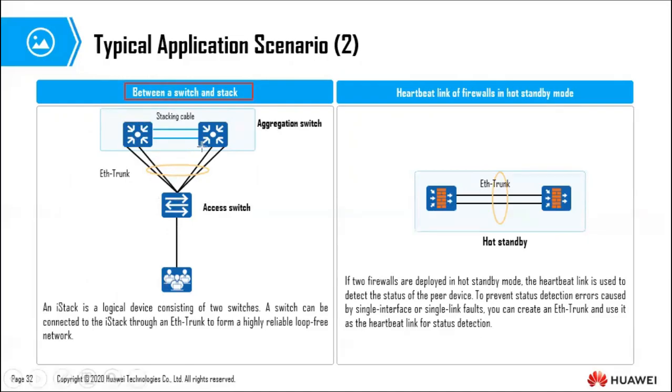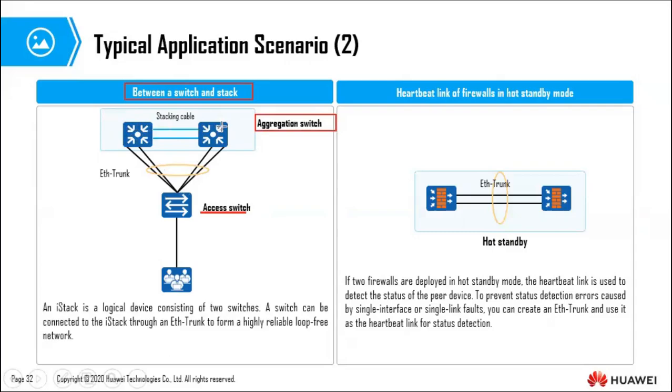This is a typical hierarchical layered network architecture. So we have the access switch here. The access switch, in order to provide backup and device redundancy, is connected to more than one device or switch at the aggregation layer. So it's connected to this device and to this device.